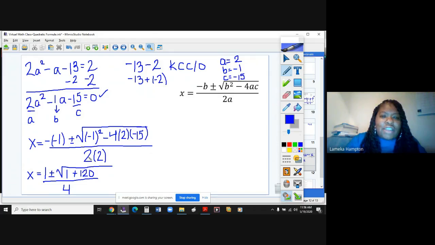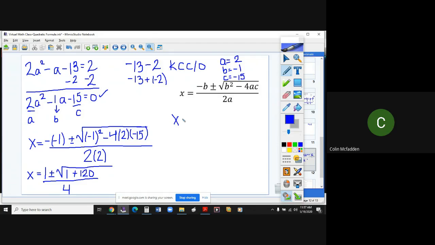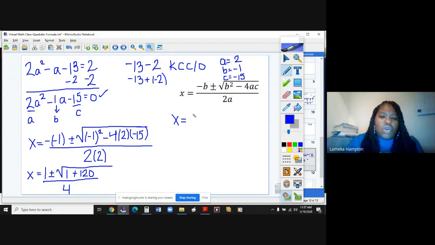And then, of course, we got 2 times 2 equals 4. Now, what is 1 plus 120? 121. Here it is. This is it right here. What is the square root of 121?